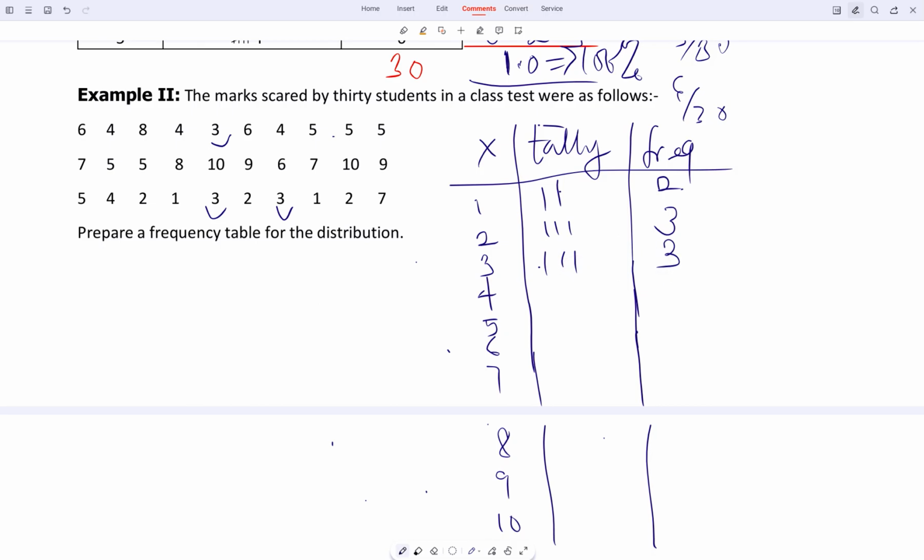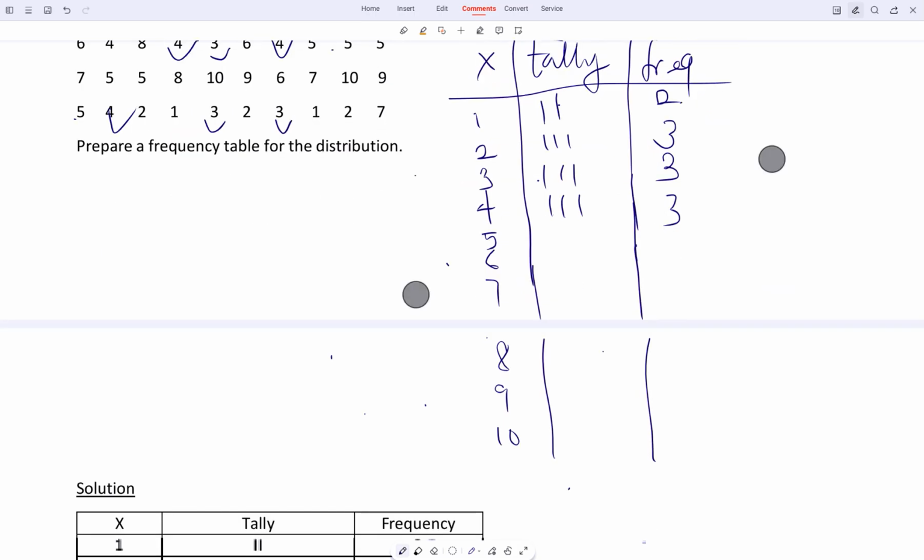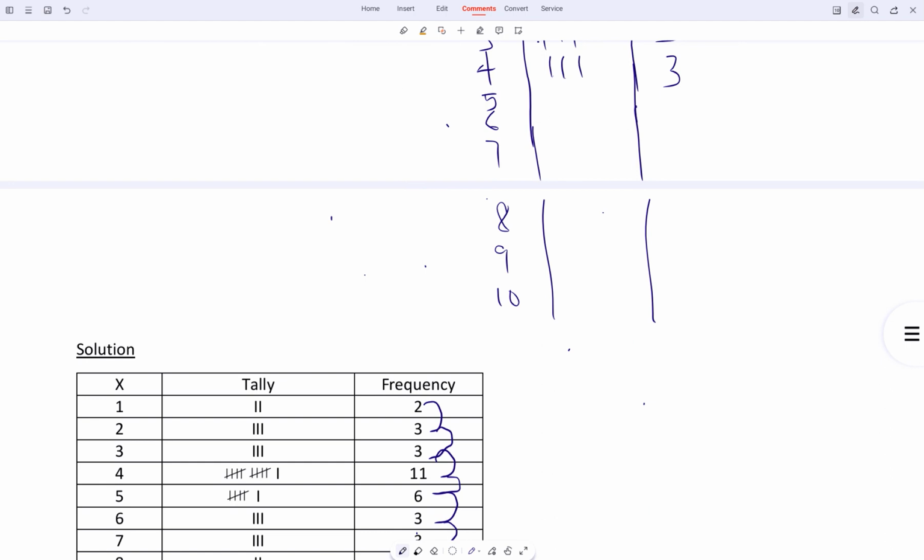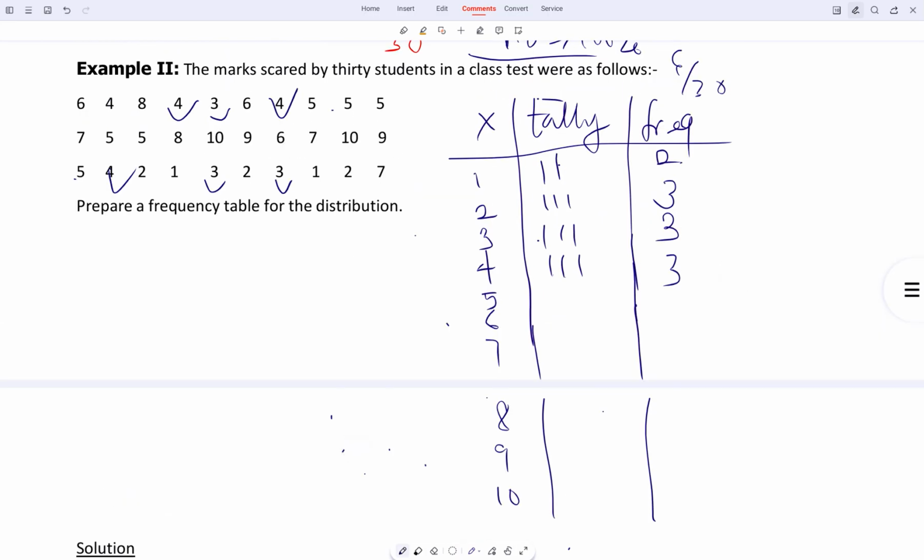How many times? 1, 2, 3. So that one is 3. I think it is the 4 part where they made a mistake. They wrote 11. That's the only mistake that is there.